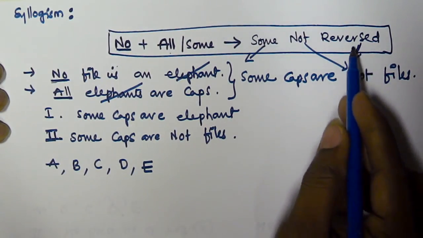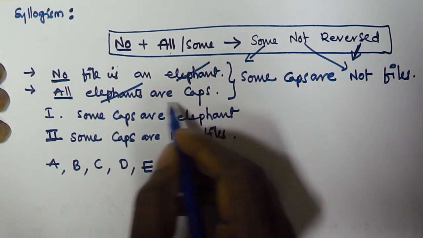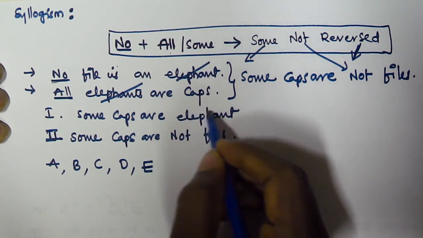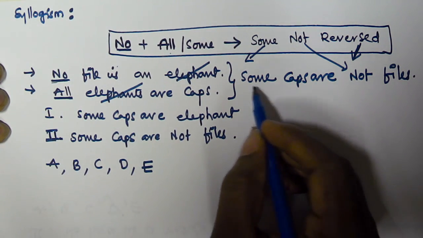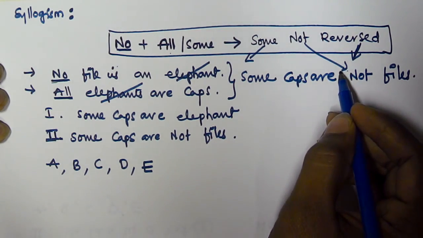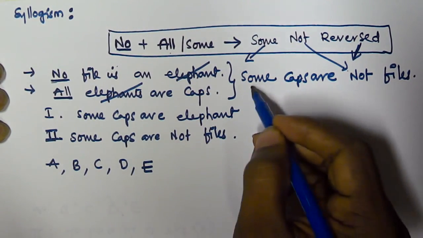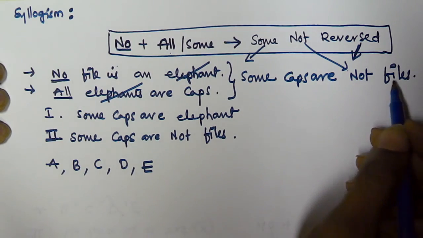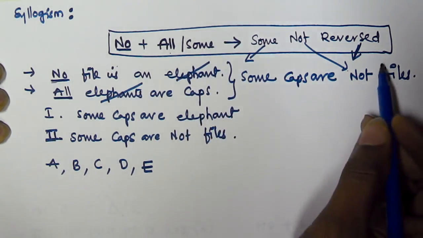Here caps is the predicate of the second one, so we take it as the subject: some caps are, then not, and then the subject of the first one as the predicate. So: some caps are not files. We derived this using the rule no plus all or some gives some not reversed.